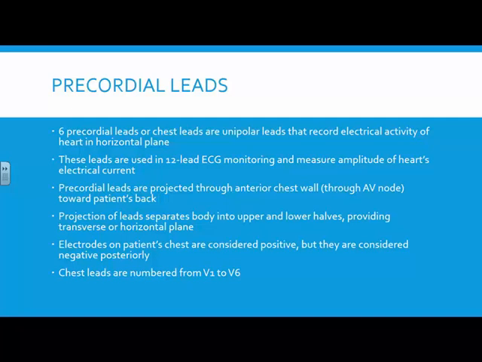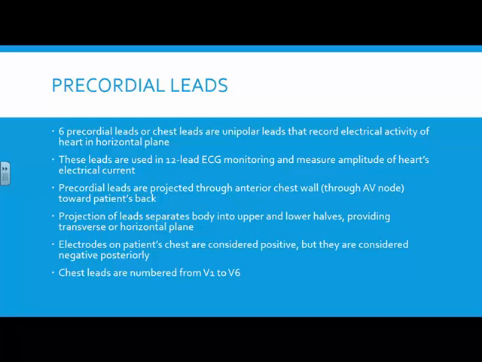Lead 1, my positive is on my left shoulder, my negative is on my right shoulder. Lead 2, my negative is on my right shoulder, my positive is on my left leg. And lead 3, my negative is on my left shoulder and my positive is on my left leg. Alright? So those are my bipolar or limb leads.